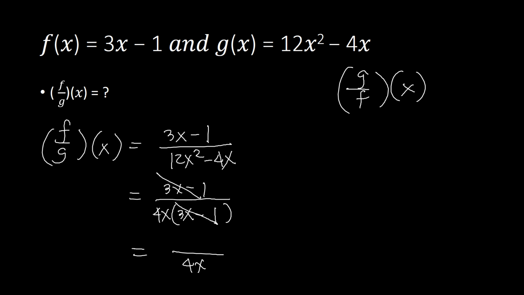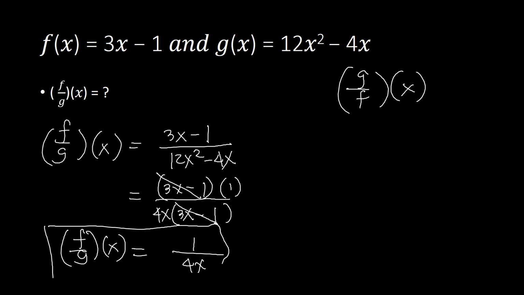Always, when you cancel 3x minus 1, what is left at the top is 1, because it is always the case that if you've got a factor here, then the other factor is a 1. We've considered 3x minus 1 as a factor. Based on this one, we're canceling factors, so we've got a 1 as the leftover factor. So we have the final answer as 1 over 4x. So that will be our f over g of x.